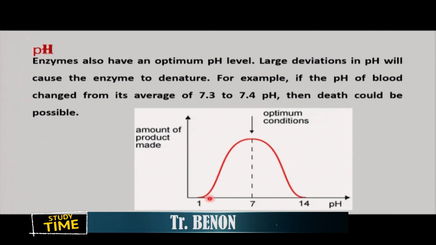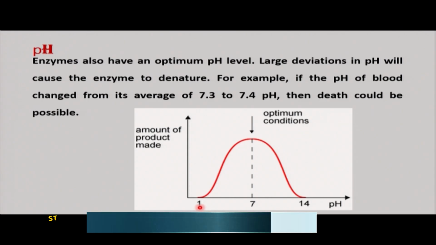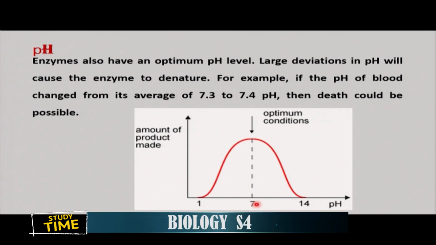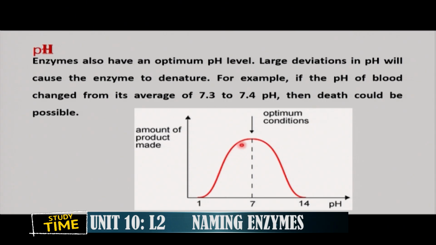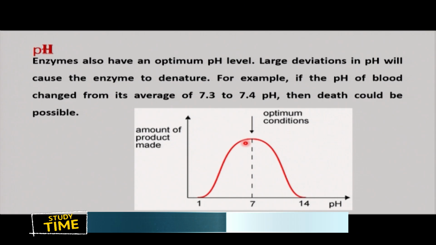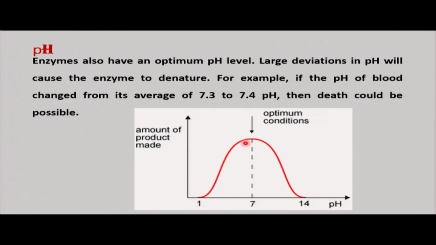So here we have the graph. We have pH from 1 up to 7, then from 7 up to 14. As the pH increases, the rate of reaction will also increase. And at around 7, we have the optimum pH, where most enzymes work nicely. At that level, enzymes are able to catalyze the substrates very fast.